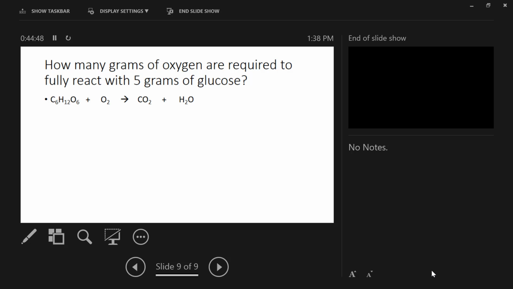We need our ratios. The easiest one is to put in our molar ratios. 1 mole of glucose requires how many moles of oxygen? There's a 1 written in front of the glucose in our balanced equation. What's written in front of oxygen? 6. Say it confidently. Okay, don't whisper it. 6.